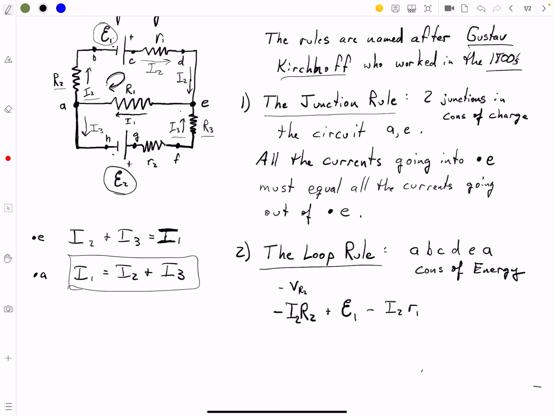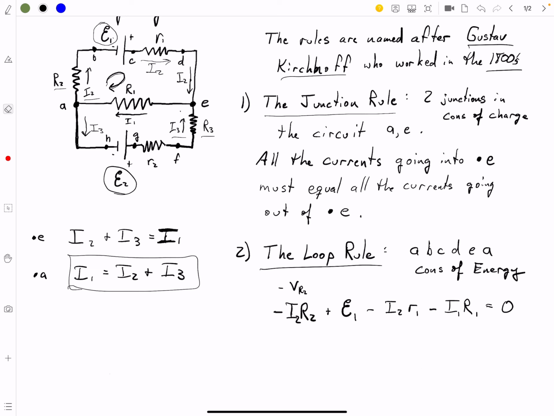We're going to turn the corner. We're now in an I1 situation, and we think that it's going to the left. So it's going to drop another, this is I1 R1. That drops more voltage, and then we're left with 0 because we're back at A.